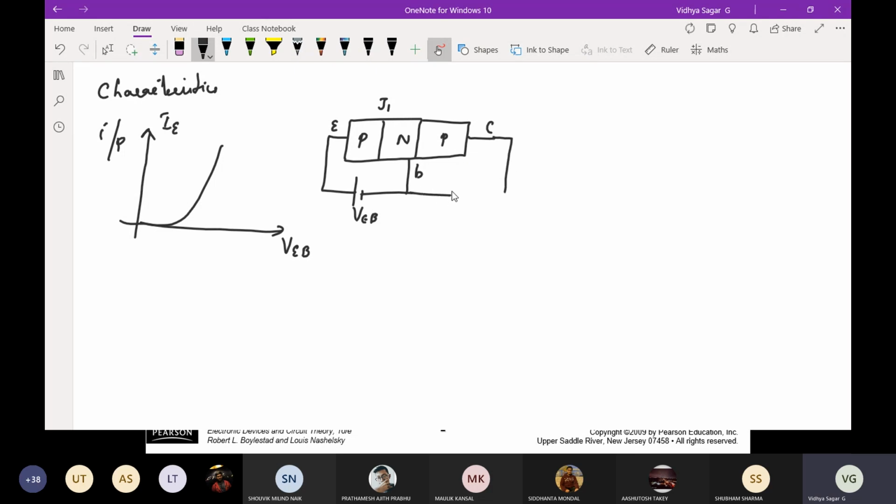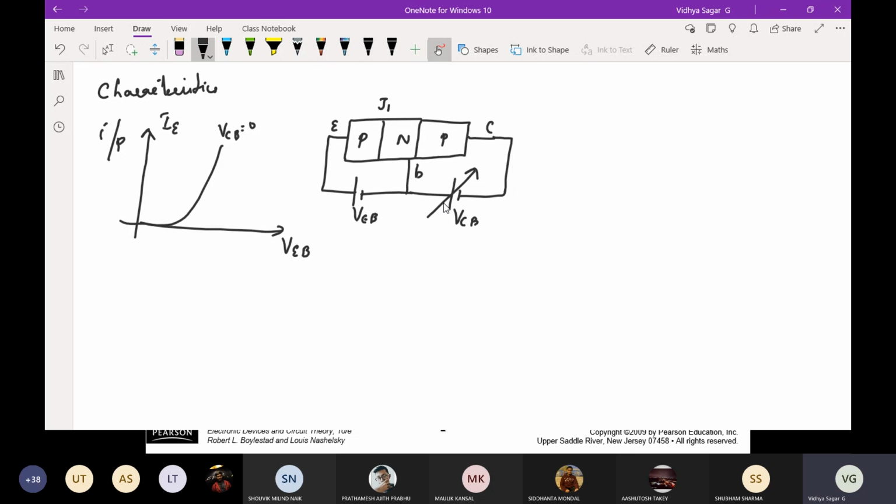So this one is positive, this one is negative, if I'm not wrong. VCB. Fine. Now let us say that VCB is applied with some potential. VCB is 0 initially. Fine.